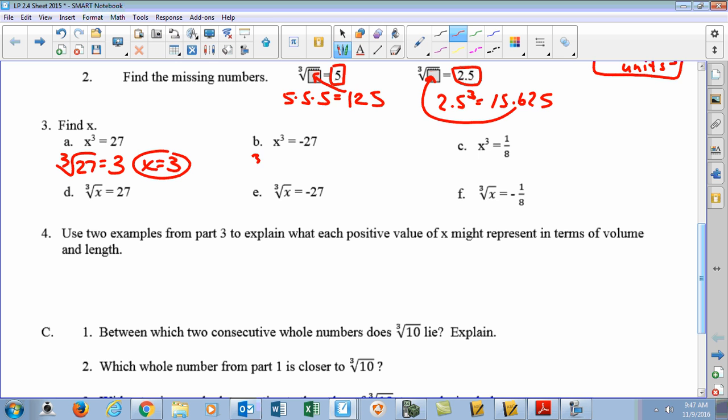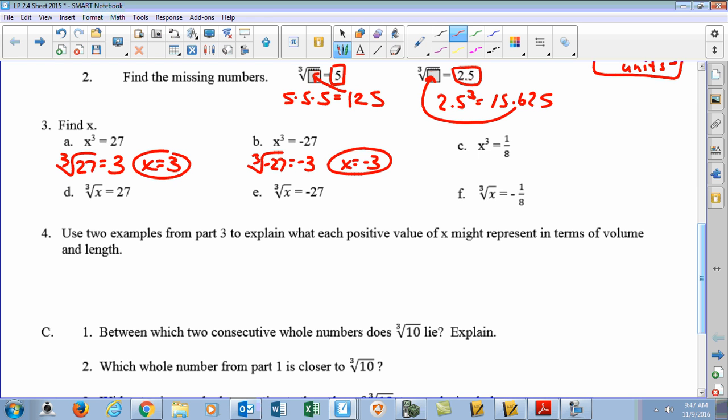Well, again, I can take the cubic root of negative 27, type that in your calculator, you get negative 3. Because negative 3 times negative 3 times negative 3 gives me negative 27. So a cubic root can take a negative number. You can take the cubic root of a negative number, where you cannot take the square root of a negative number.